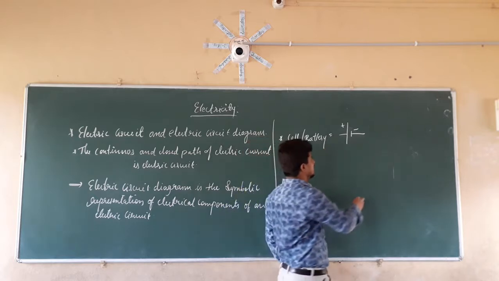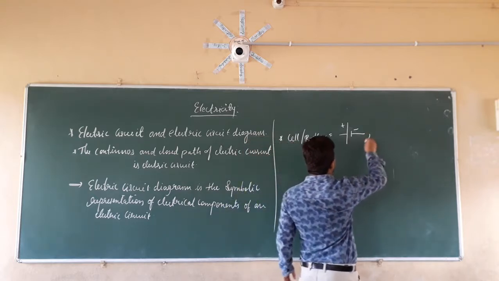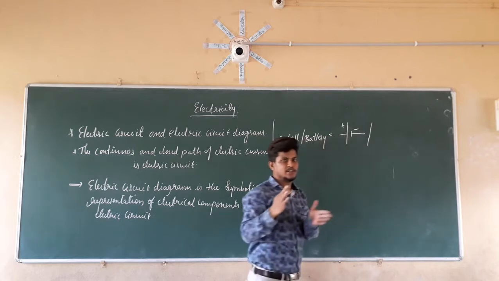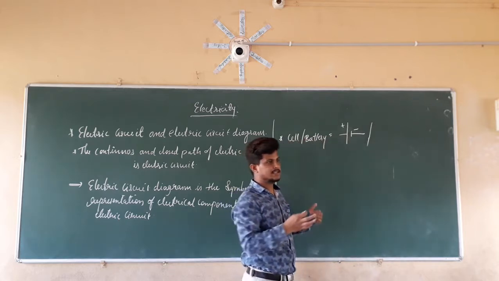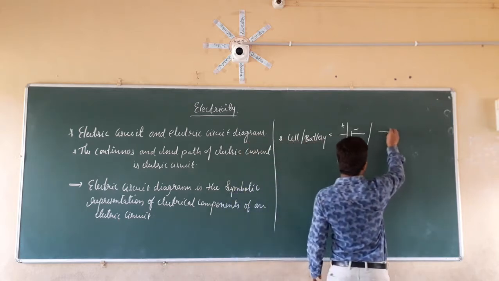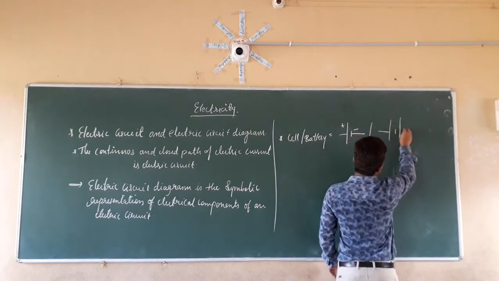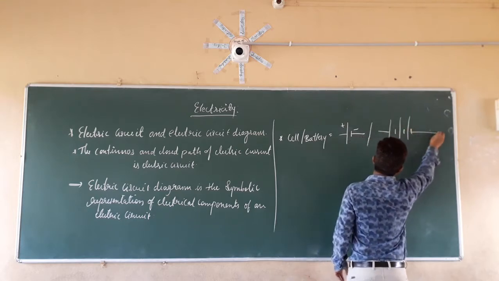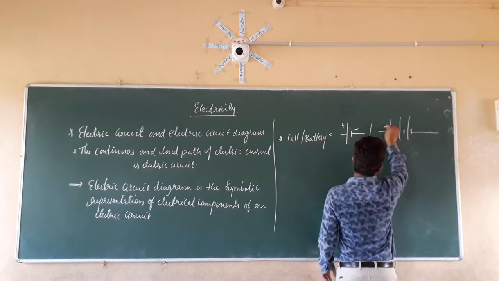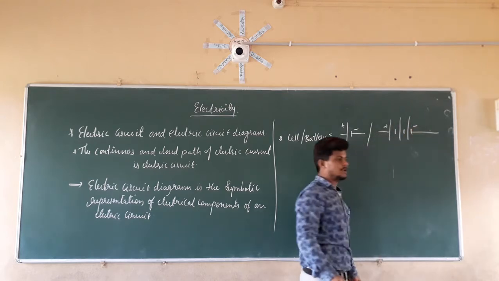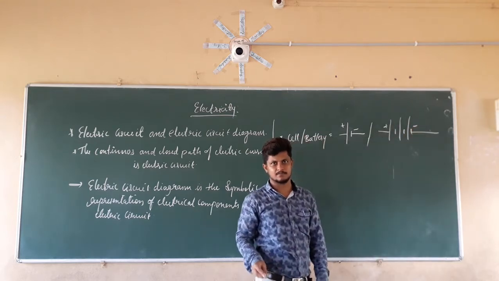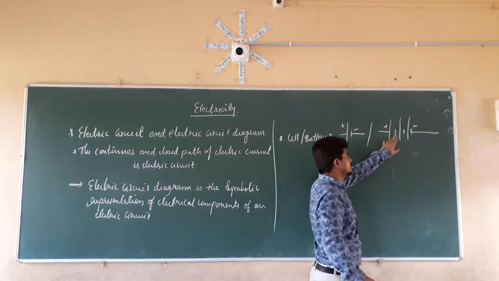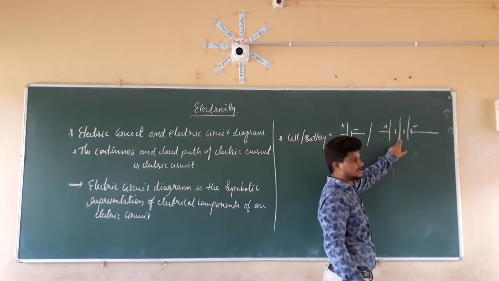In the same manner, we represent a battery as the series connection of cells. The battery looks like this. Always remember that plus and minus are connected to each other. If this is plus, this will be minus, and this minus will be connected to the next plus.